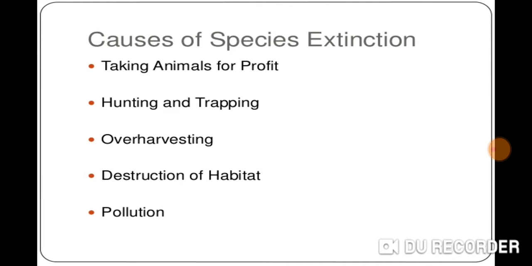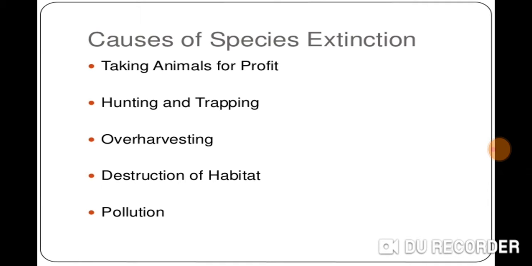So what are the causes of species extinction? How can species get extinct? When we trade our animals for profit, for example fish, we trade our fish for profit purposes, tomatoes for profit, etc. This is a reason of extinction.